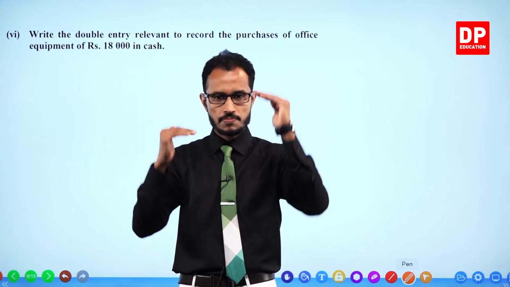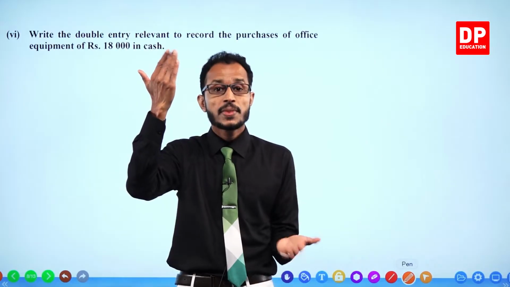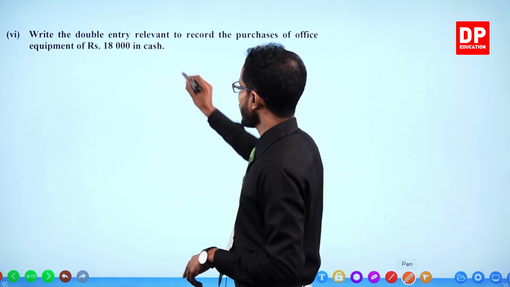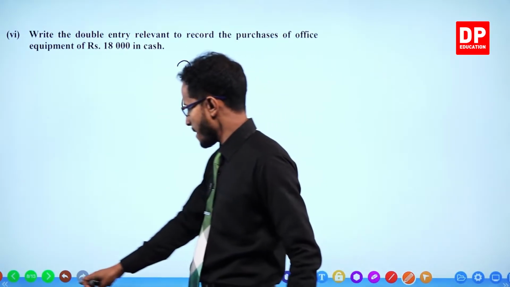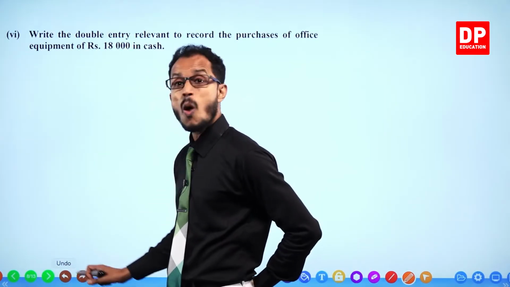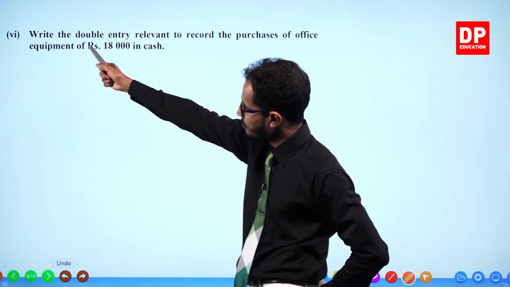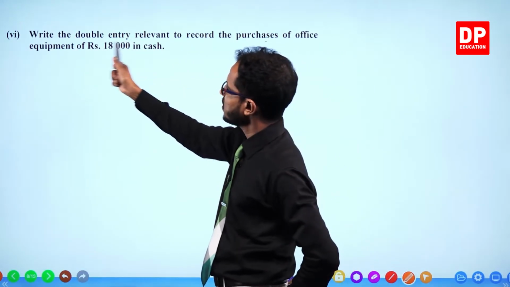But here, not the dual impact, double entry: you have to write the debit and the credit.